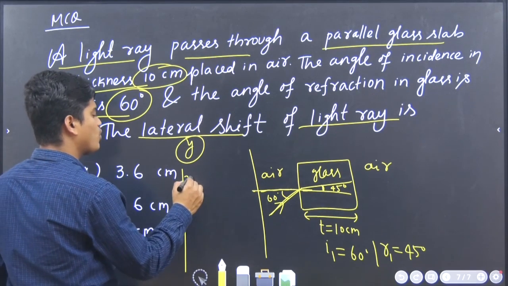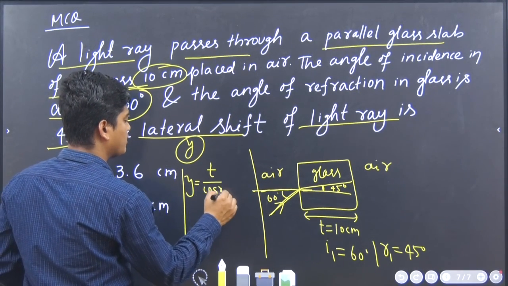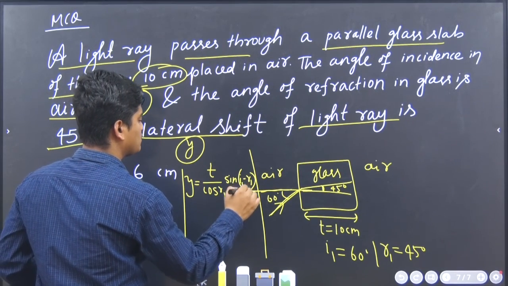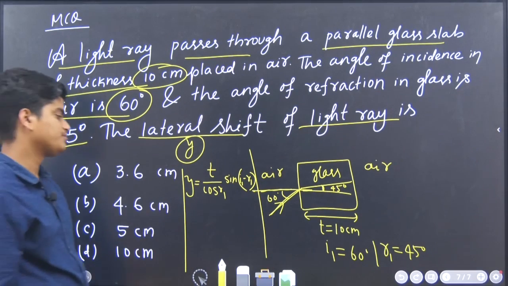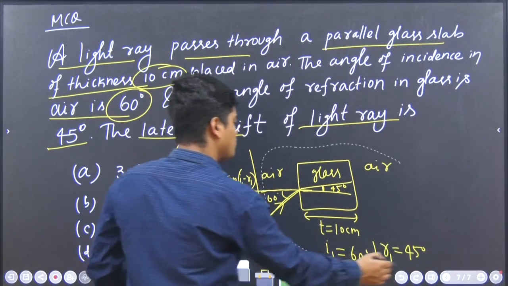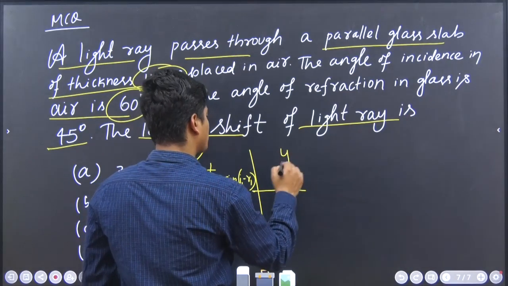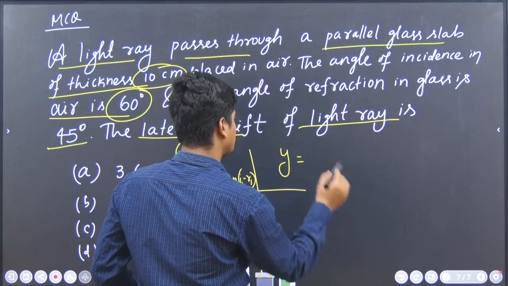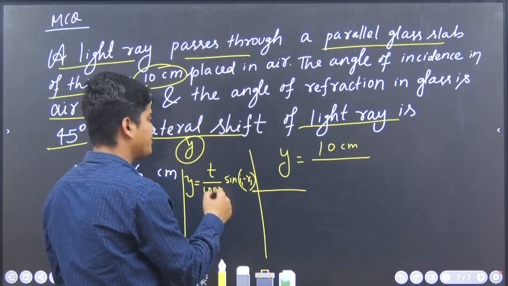Directly, y equals t by cos R1 into sin of I1 minus R1. Here I1 is given, R1 is given, everything you need to substitute here. So y equals t by cos R1, and the t value I can substitute, that is 10 centimeter, so the answer will definitely come in centimeter.